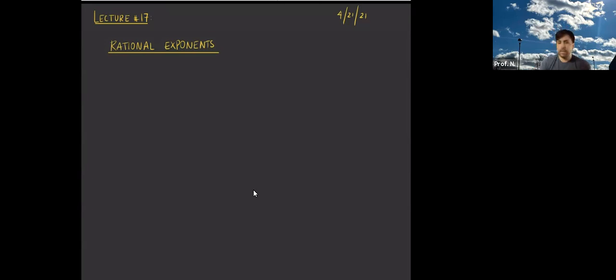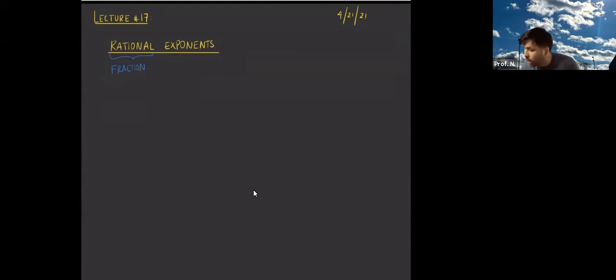And we know how to deal with negative exponents. But now we'll be dealing with fractional exponents or rational. So the word rational means fractional or fraction, right? Because ratio is in it. So now what happens when we have fractions as our exponents?